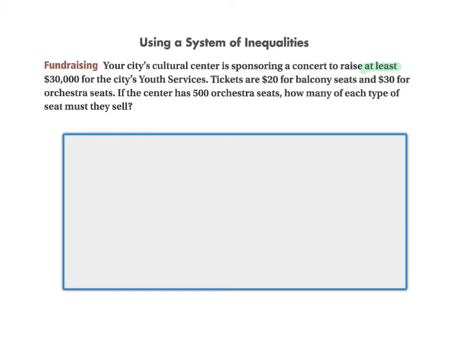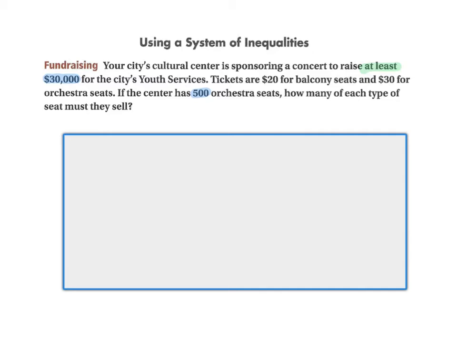So I need to be able to make 2 equations, 2 inequalities, and so I better have 2 totals. So here's one of my totals. I have 500 orchestra. Here's my other total, $30,000. So I need to sell less than or equal to 500, and I've got to make more than 30,000.